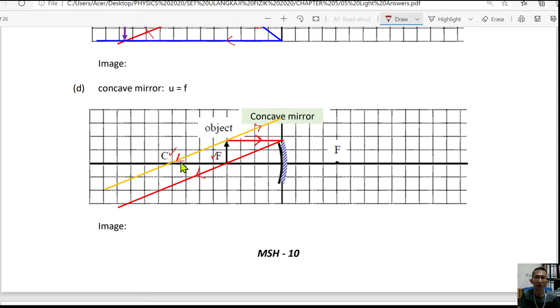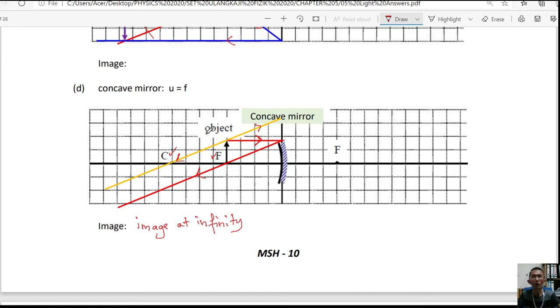So that is the ray passing through my point C. Observe these two lines, the red and the orange line. They seem to be parallel, so they are not going to intersect. So this image must be formed at infinity. Here I can write: image at infinity.